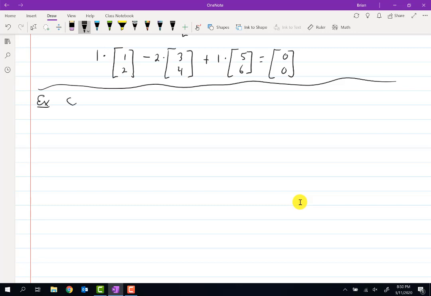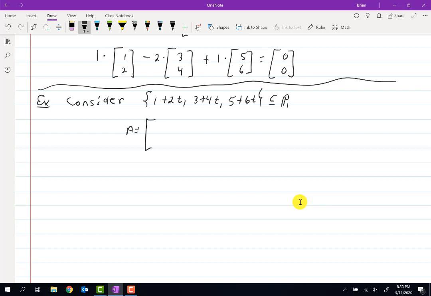Consider (1 plus 2t), (3 plus 4t), (5 plus 6t), which is a subset of P1. And as I mentioned, I'm going to make the matrix A just like I did before.